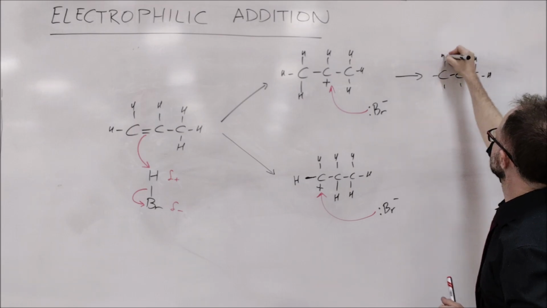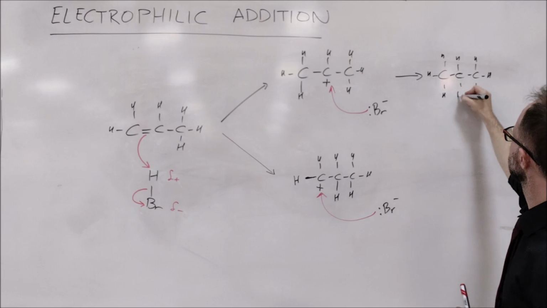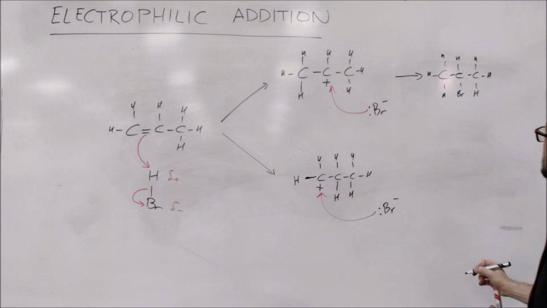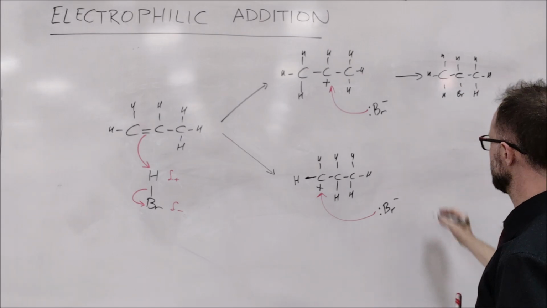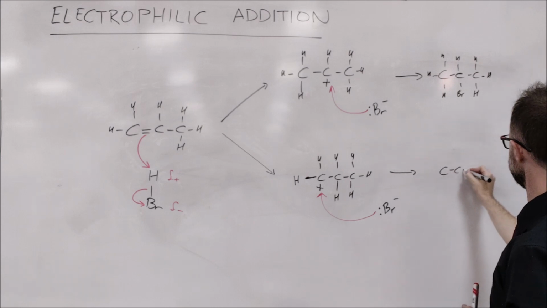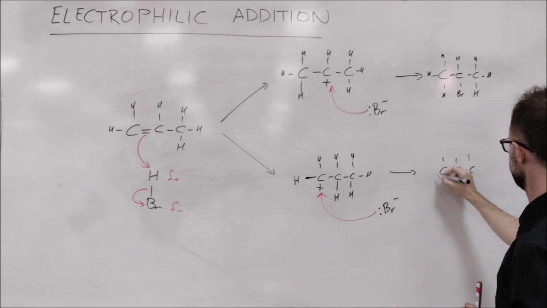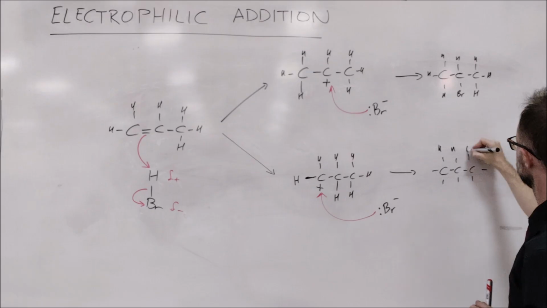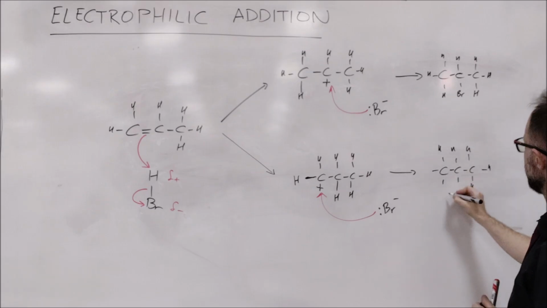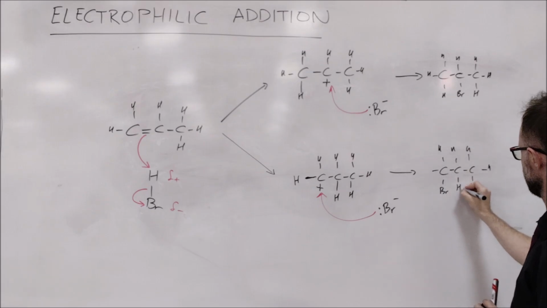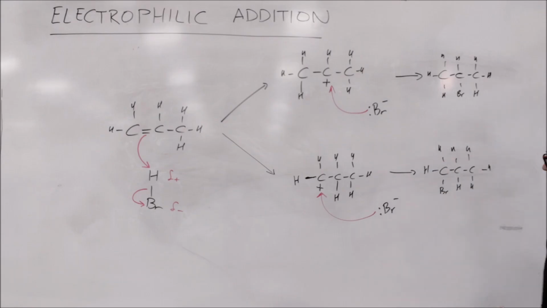Hydrogen, hydrogen, hydrogen, hydrogen, hydrogen, and then the hydrogen there. So bromine on the second carbon there, that would be 2-bromopropane. Or in this case we end up with bromine on the first carbon to give us 1-bromopropane.